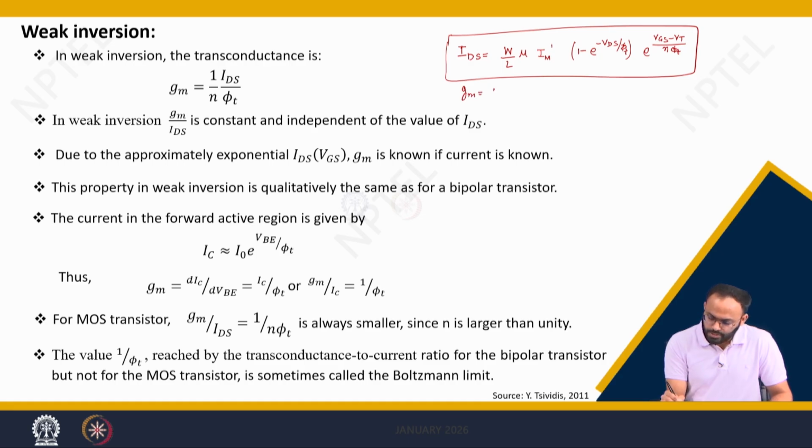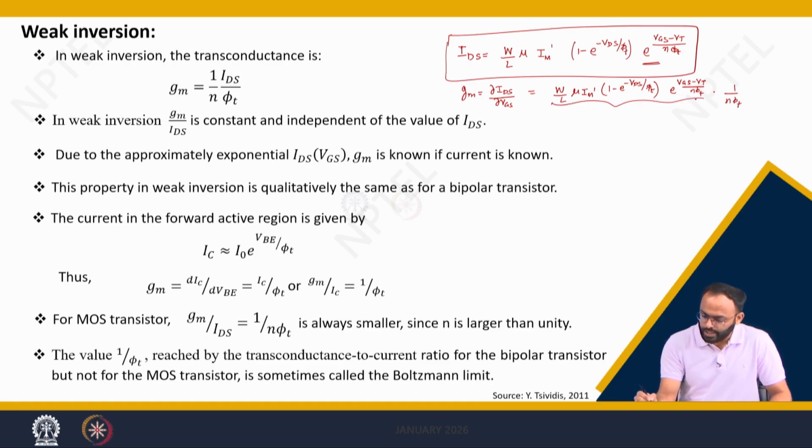As you are interested in transconductance, GM equals delta IDS divided by delta VGS, we can simply consider these all are constant. So this W by L into mu into Im dash into 1 minus e to the power of minus Vds divided by phi t, and if you differentiate this, you will get e to the power of Vgs minus Vt divided by n into phi t into 1 over n phi t.